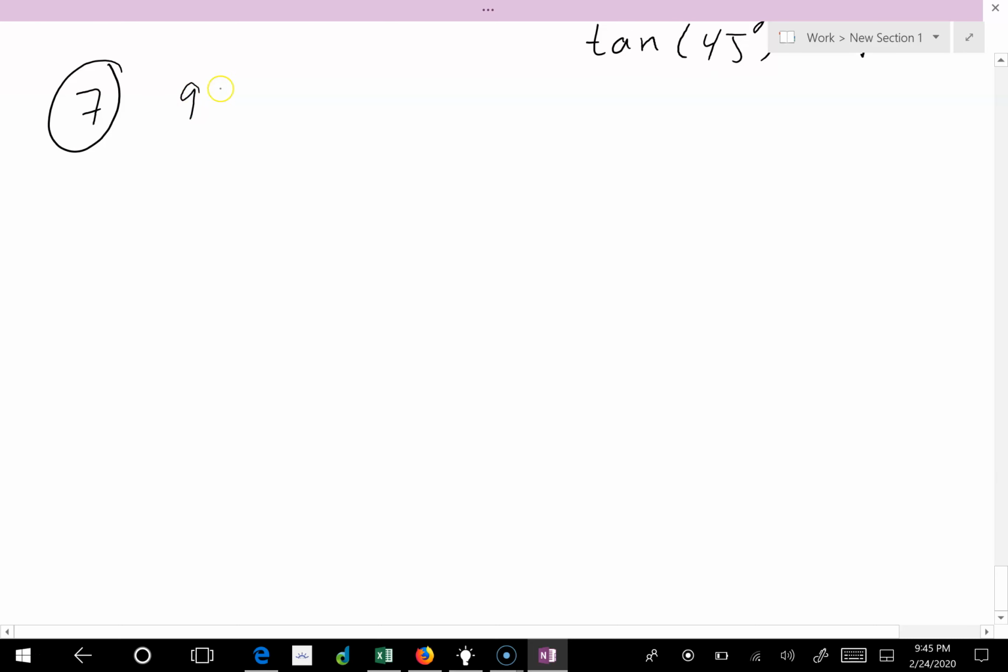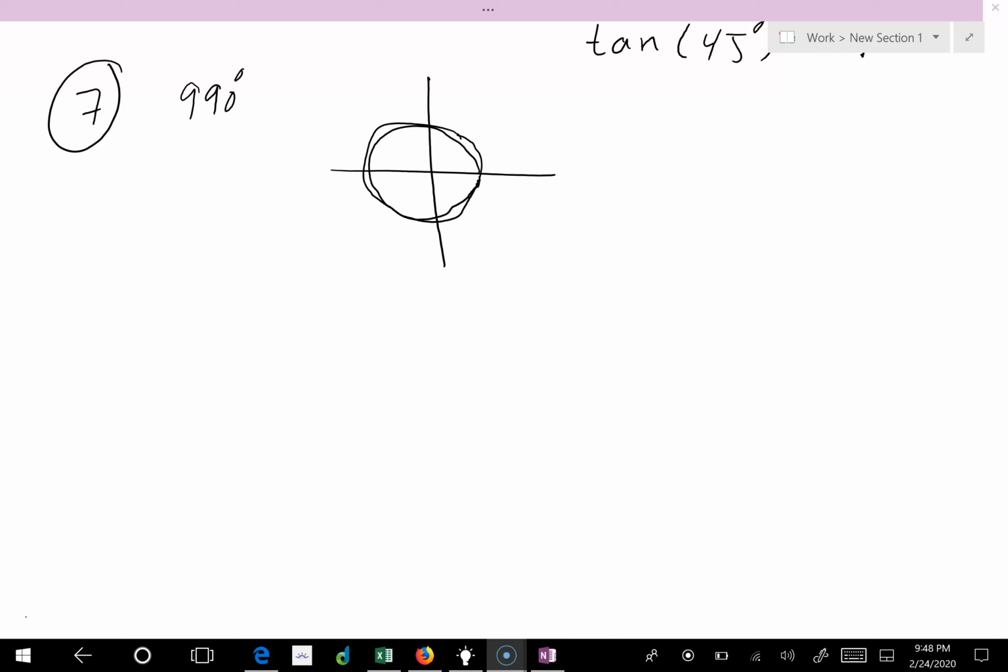It's a 990-degree angle. For this one, you go around the circle twice, it's 720, and then you go 270 more. So you're right here. That is 0, comma, negative 1.